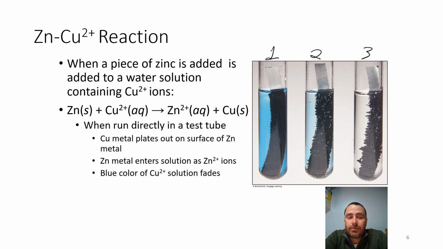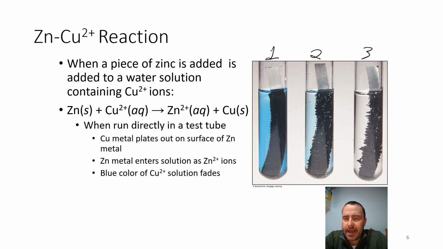All right. So we've got this blue copper-2 solution, and notice that after some time, as we go from 1 to number 2, it's getting lighter and lighter. But yet on top of the solid zinc, there's getting to be more and more black stuff on there. What that is, is the copper ions, and what we say is that they're plating out or turning into metal on the surface of the zinc.